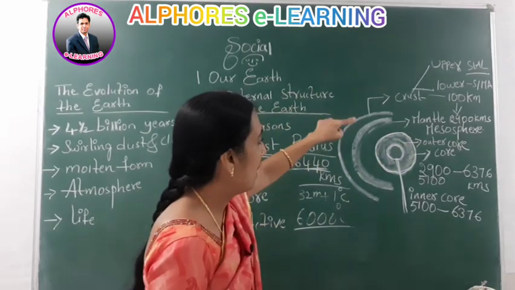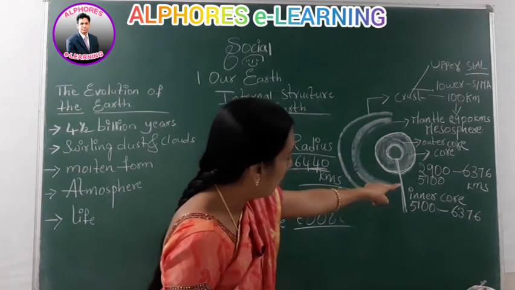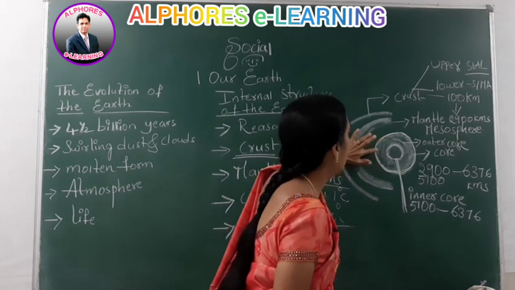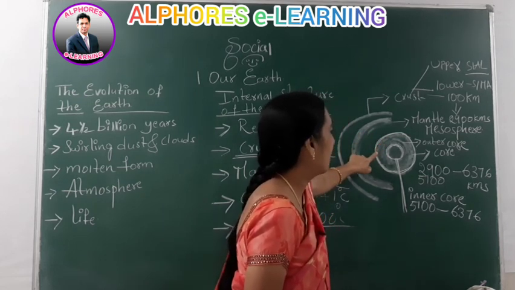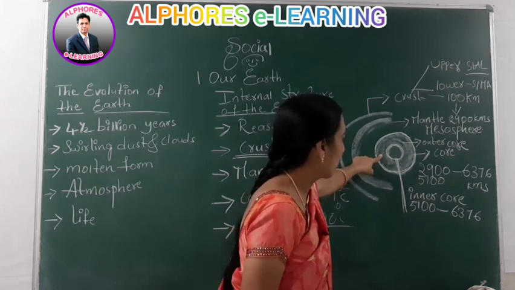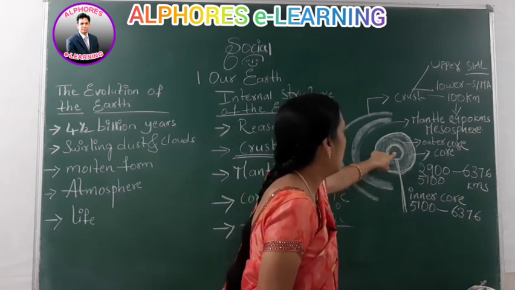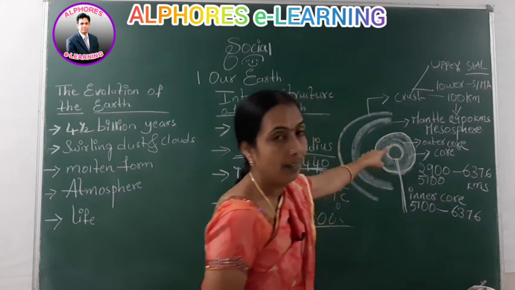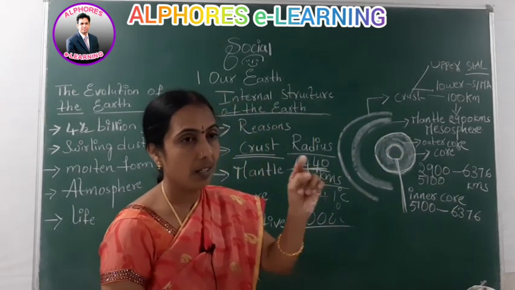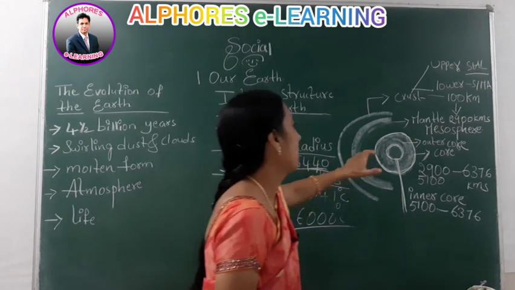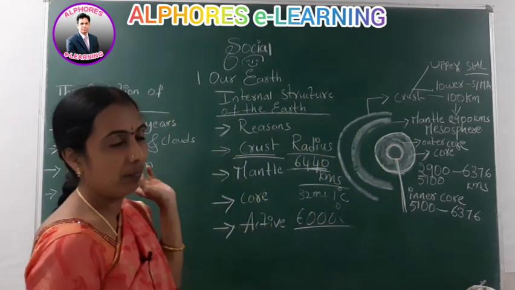The outer core's depth is 2900 kilometers to 5100 kilometers. Nickel, iron, ferrous materials like that are present here. Then the inner core extends from 5100 kilometers to 6376 kilometers. Gold is present here in the earth's interior.